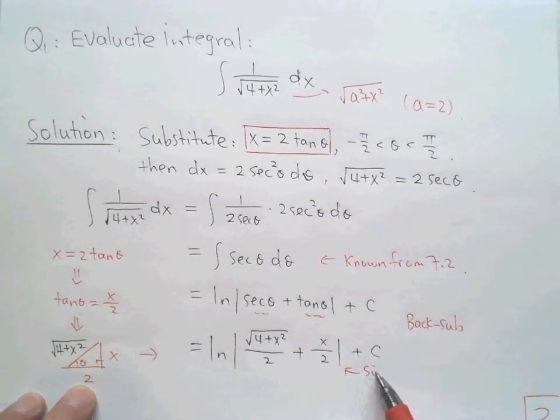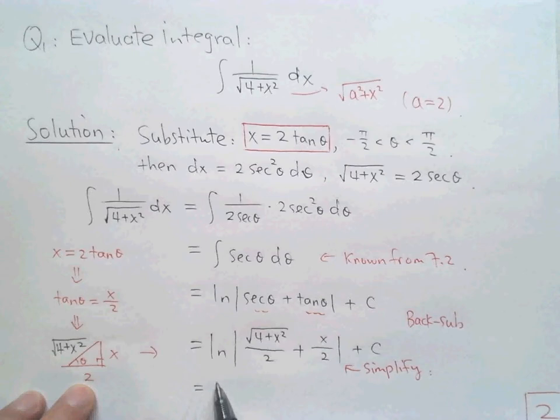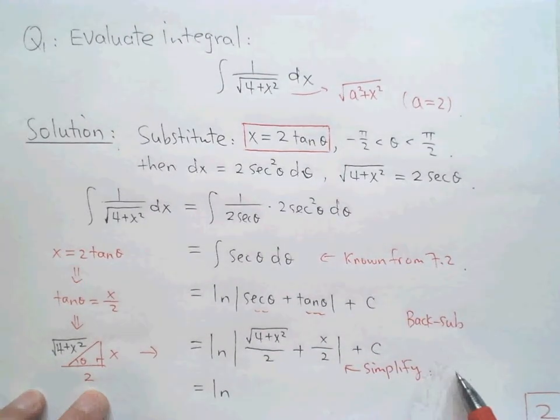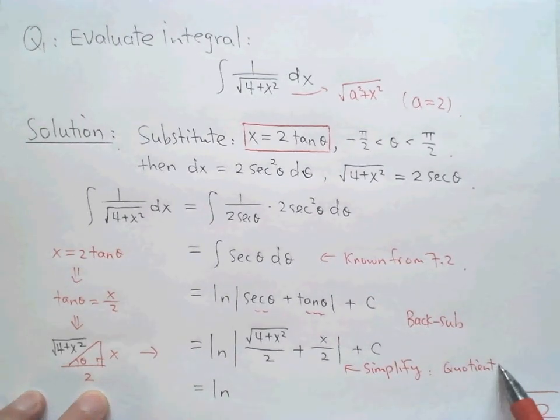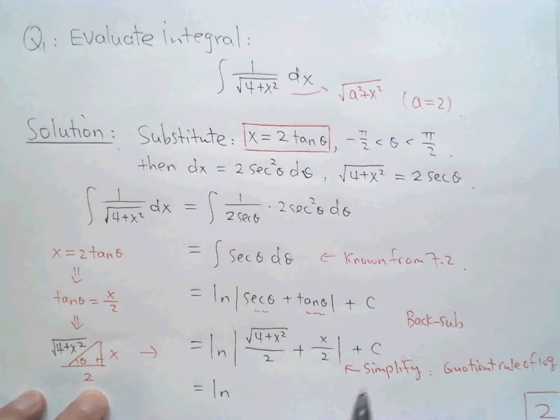We can simplify again. I skip one step because we did exactly that in the last example. Then we get ln, using the quotient rule of log, keep that in mind.